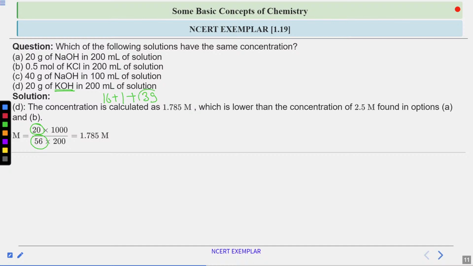If you add all of this, you will get 56. 20 by 56 divided by the volume 200 by 1000 will give you 1.785. Again, this value is not near to any of the other values. So we can clearly say that A and B have the same concentration.